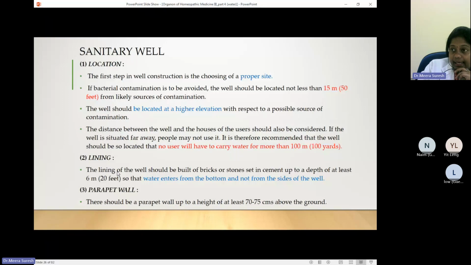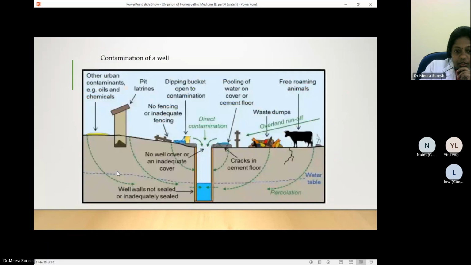Then coming to the lining, especially this one. In the case of shallow wells, if you go somewhere, I don't know whether you have seen, the lining can be made of even mud, not proper cement, just mud. So anything can percolate easily through that mud.